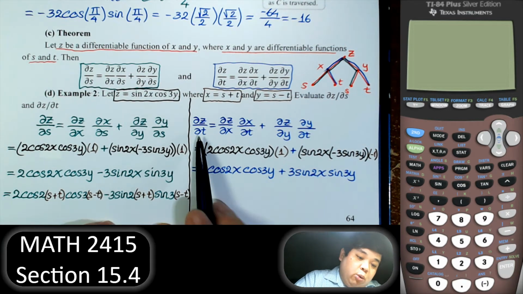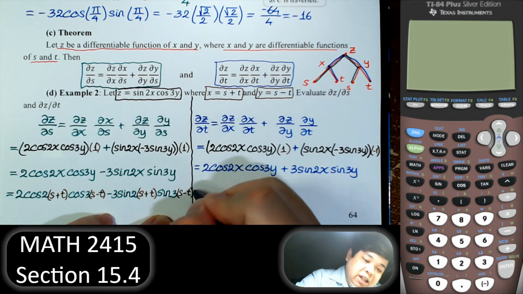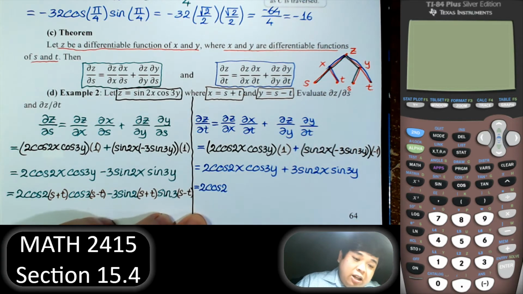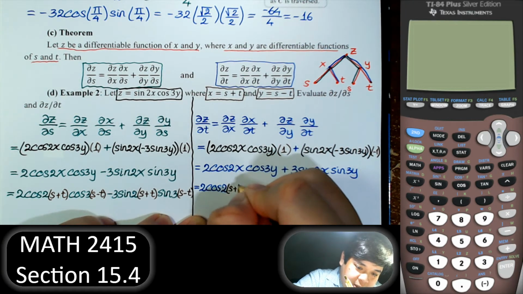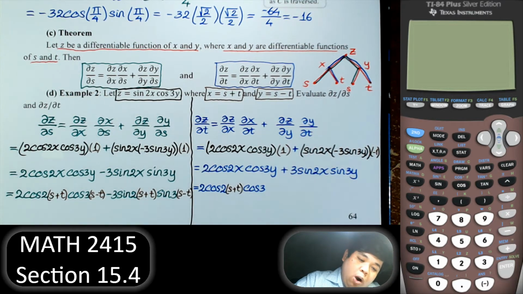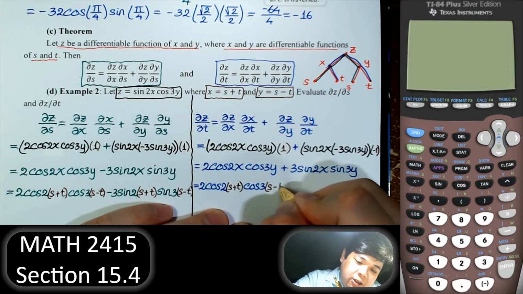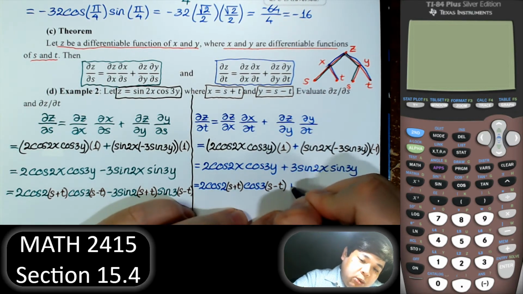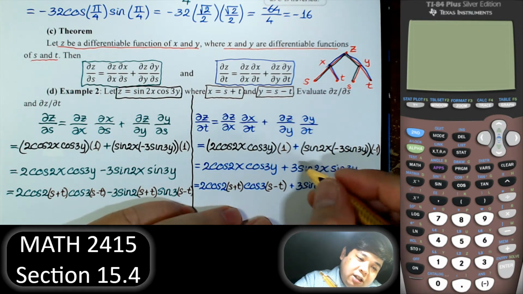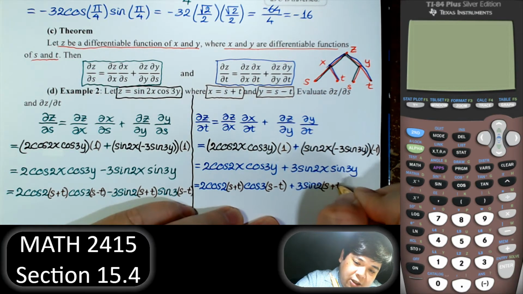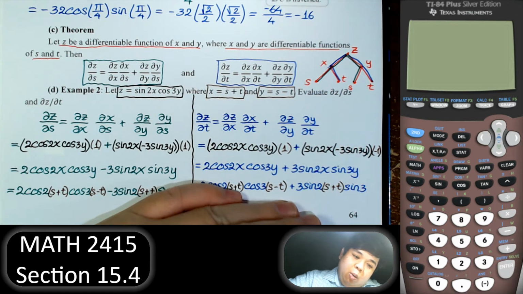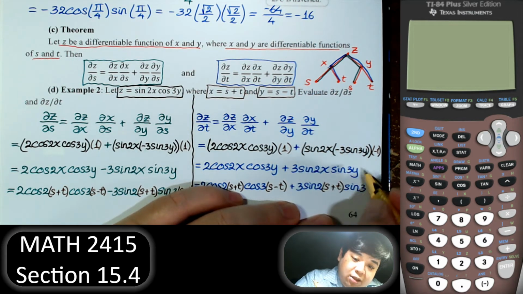And finally, we need to write everything in terms of s and t. So 2 cosine of 2, x is s plus t, y is s minus t, 3 sine x, s plus t, then sine y, y is s minus t.